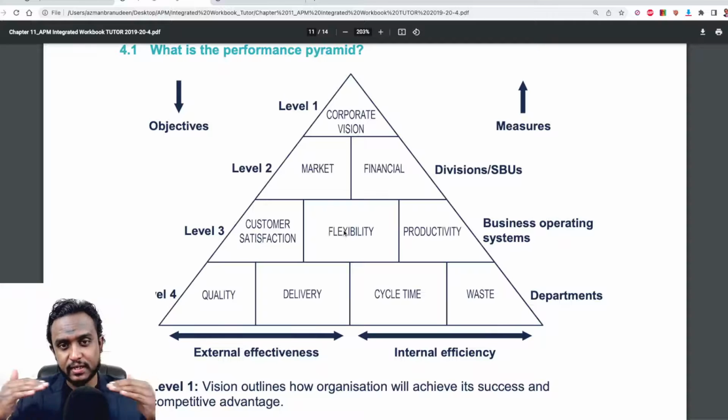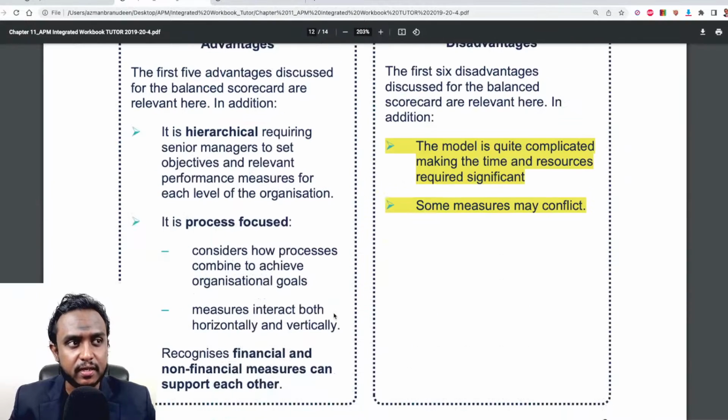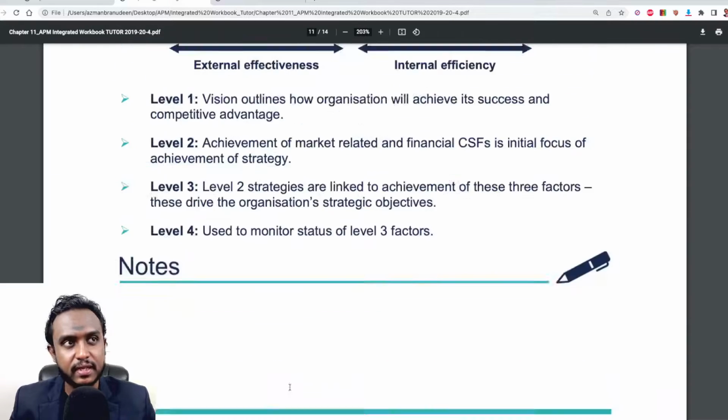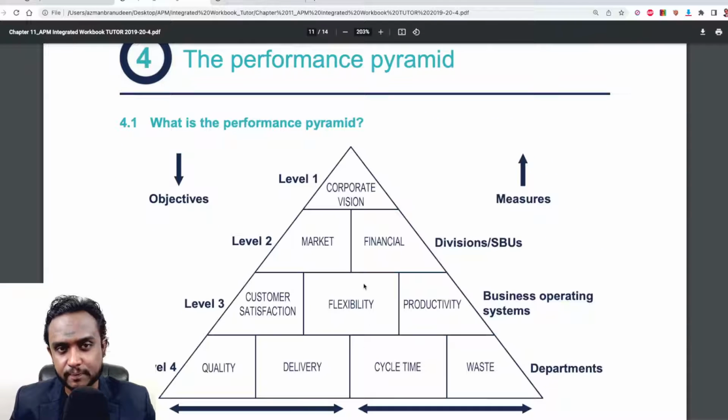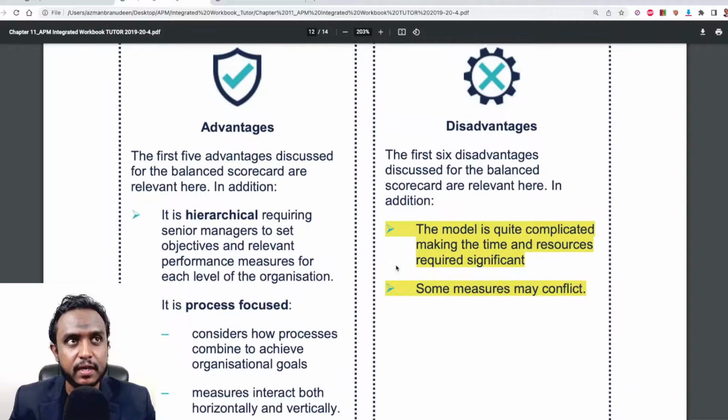So you're looking at the horizontal relationships as well. Waste is linked to cycle time is linked to delivery is linked to quality, and the other way around. That's another good correlation. And it recognizes financial and non-financial measures can support each other, like the common ones that you can see here: market and financial. Two perspectives helping the corporate objective.